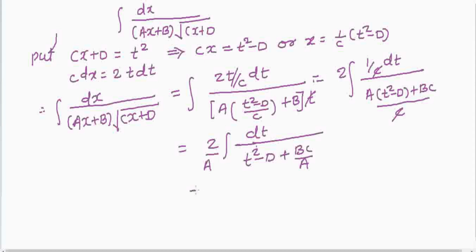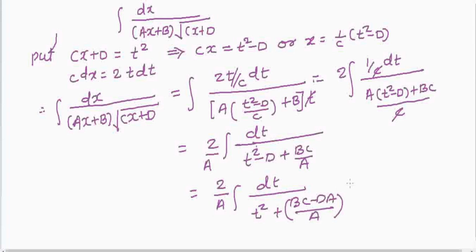Okay, so this is 2 divided by a into integration of dt divided by t square plus, taking the LCM, bc minus da divided by a, like this, and this is easily integrable.